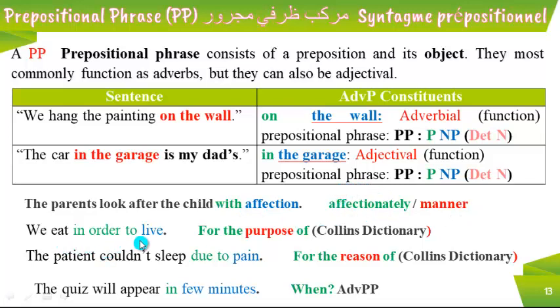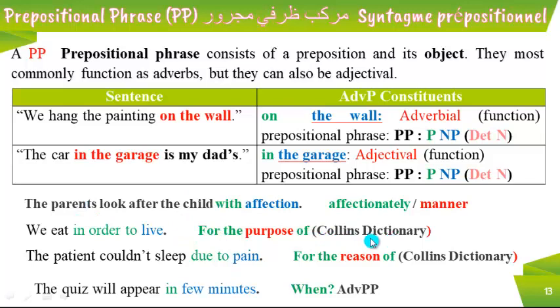We eat in order to live. So in order is sometimes called complex preposition, compound preposition, and sometimes it is also multiple word preposition.